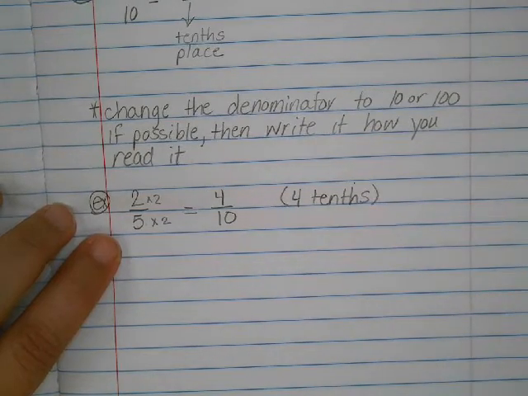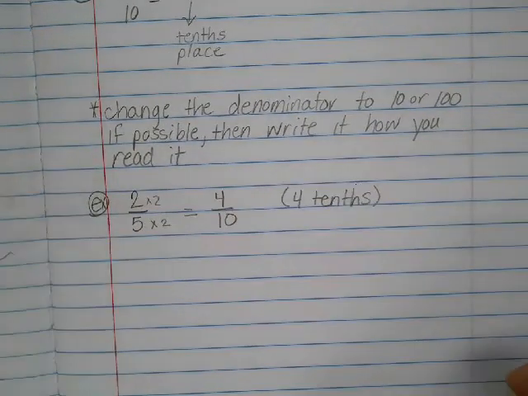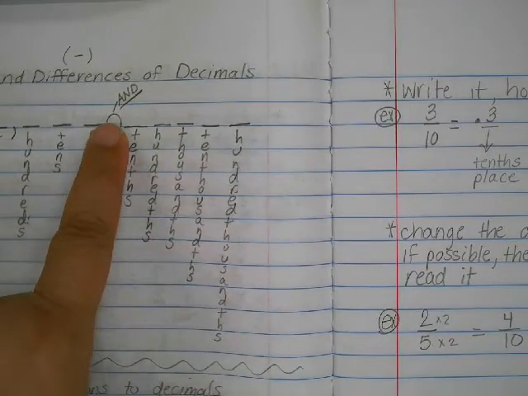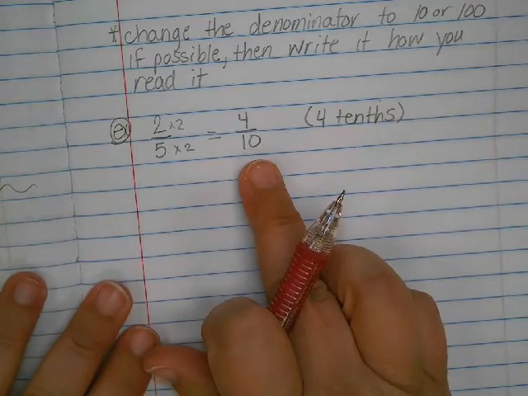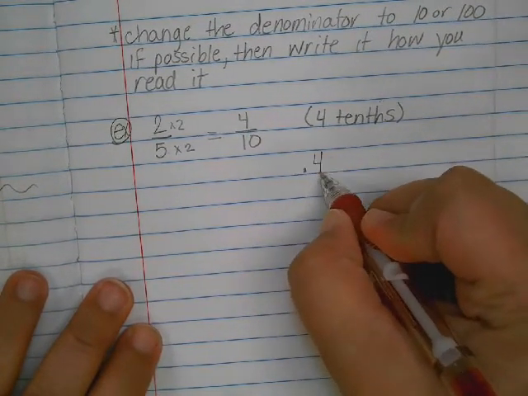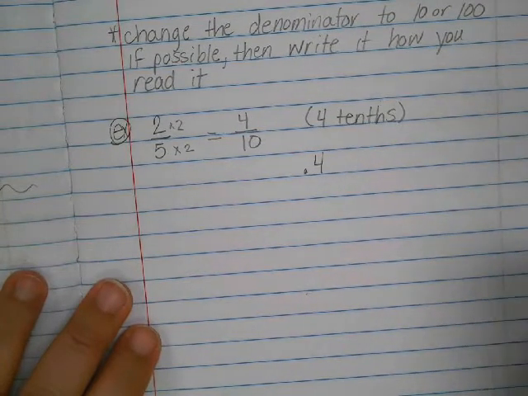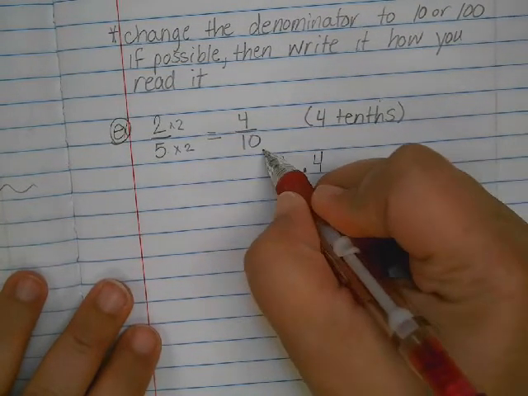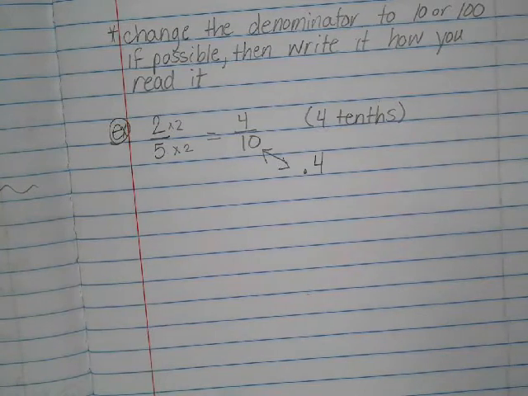And if I go back and look again at my chart, I know that tenths is right after the decimal. So I would write 4/10 as 0.4. That is the same thing. These two are the same thing.